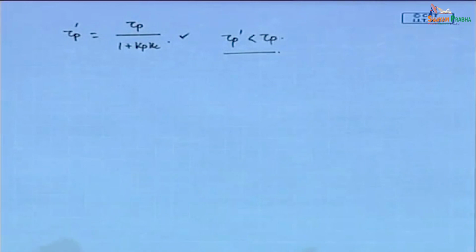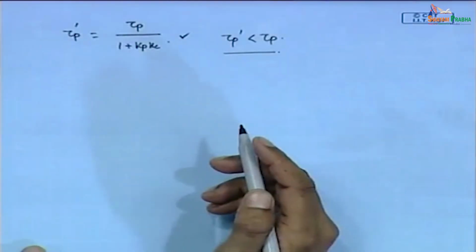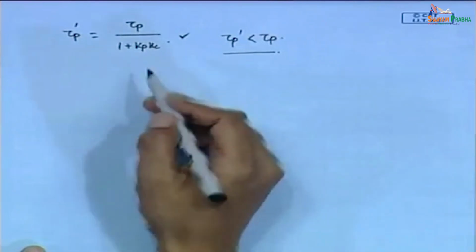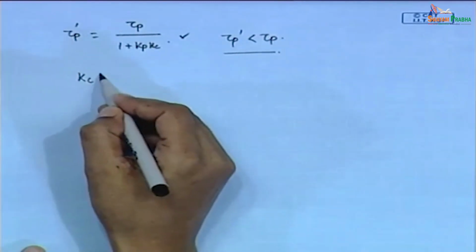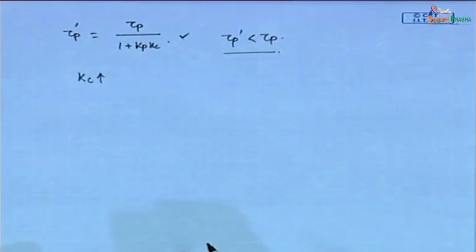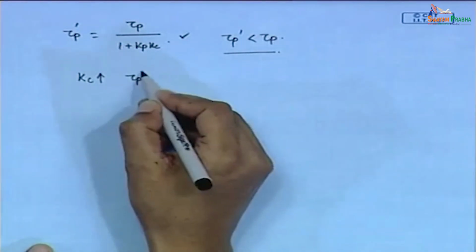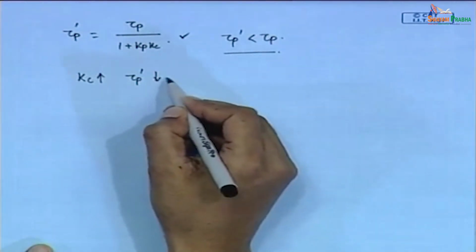So, due to the inclusion of proportional controller, the overall response becomes faster. Another observation is that with the increase of k c, tau p prime decreases.